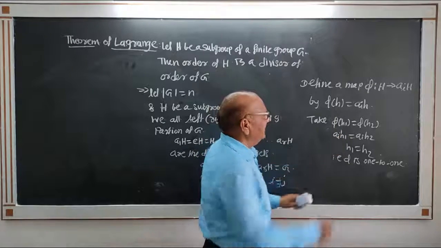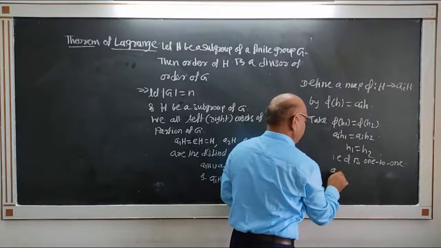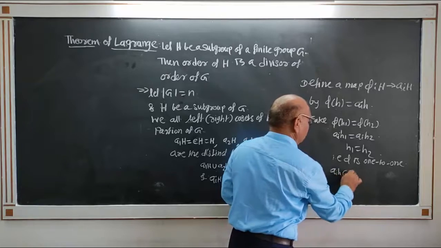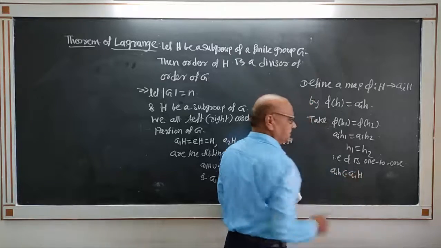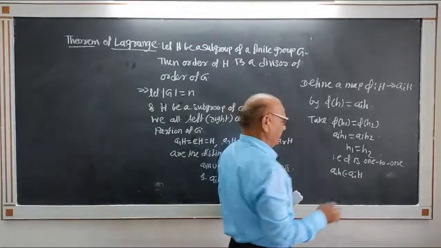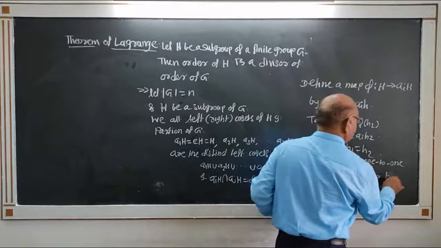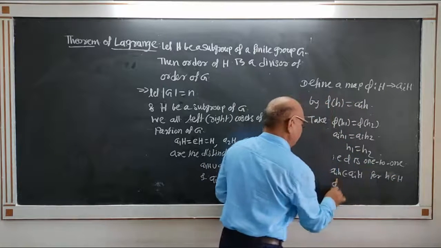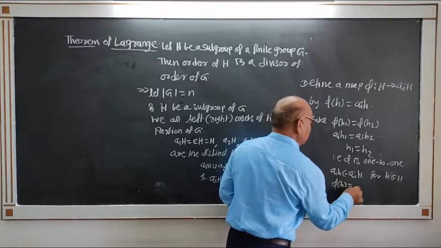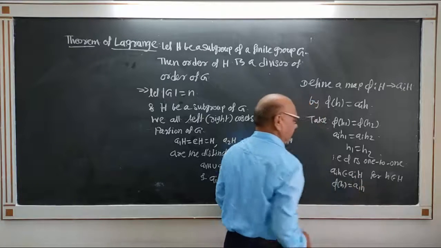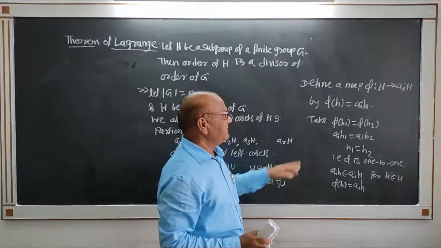Now if you take any element AIh belonging to AIH, for h belonging to H, phi of h is equal to AIh.